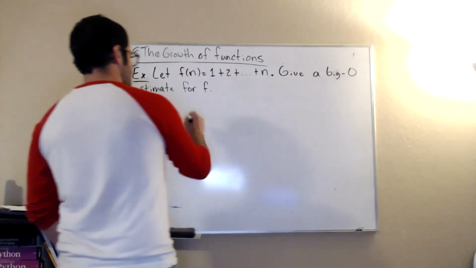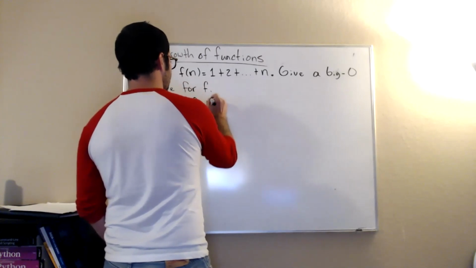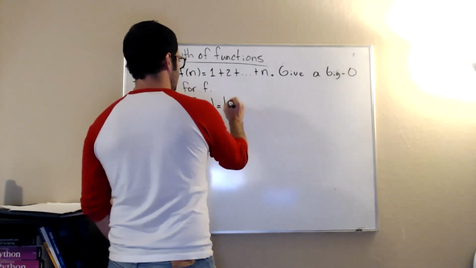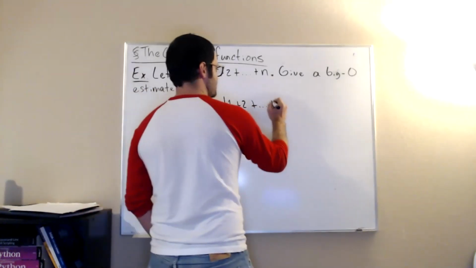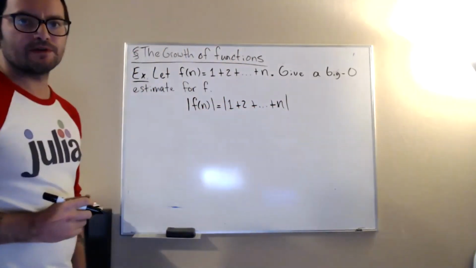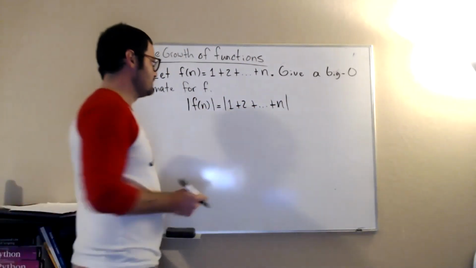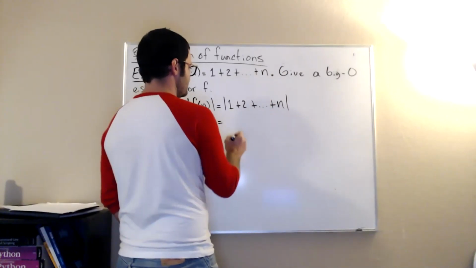So if we look at the absolute value of f of n, that's equal to the absolute value of 1 plus 2 plus dot dot dot plus n. Okay. But this is always positive, so we can just drop the absolute values.